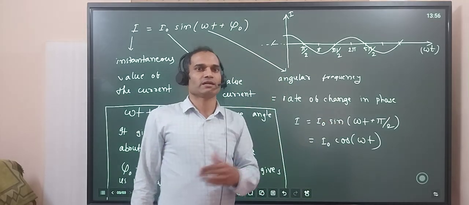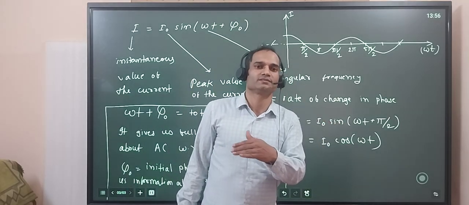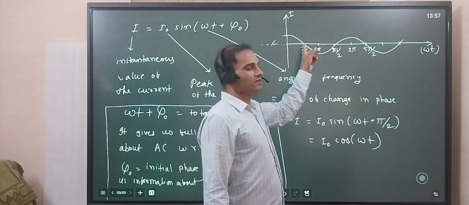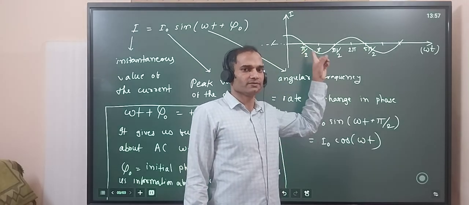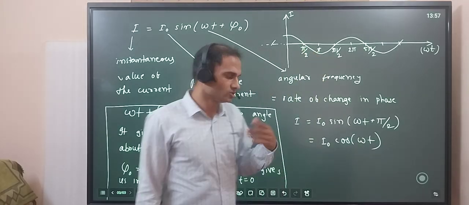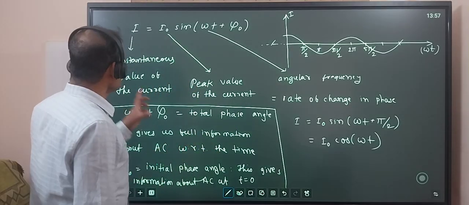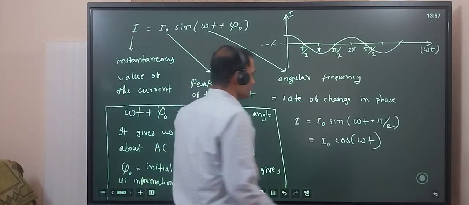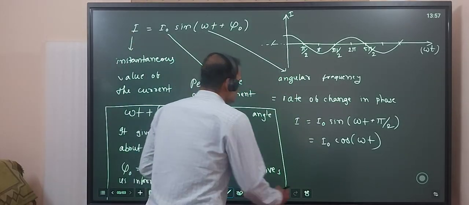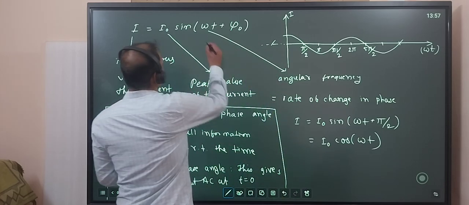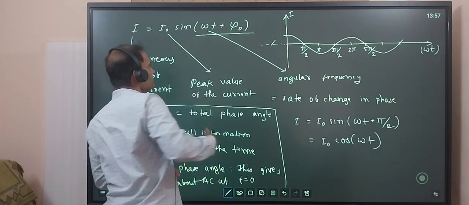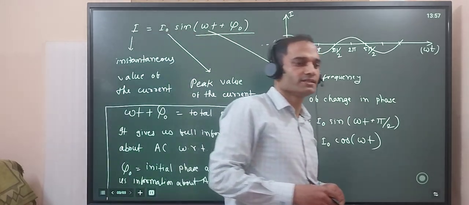After 180 degree, what happens? Sine decreases, right? So current will decrease. So basically, if you know the argument of the sine, you know everything about the alternating current.